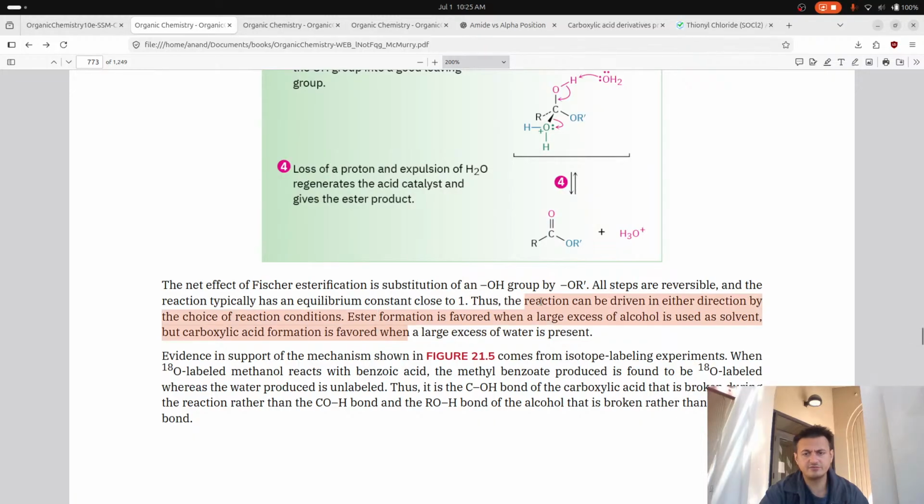Ester formation is favored when a large excess of alcohol is used as solvent, but carboxylic acid formation is favored when a large excess of water is present. So if you have an ester and acid and you want the carboxylic acid, you just add a lot of water.